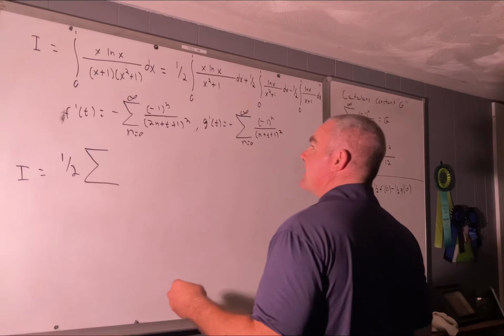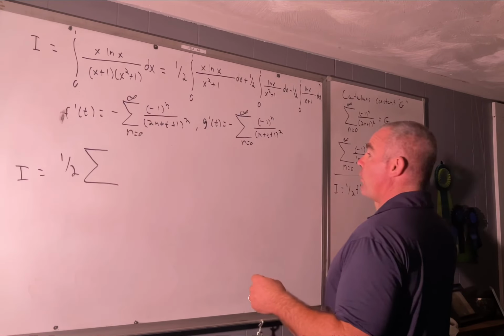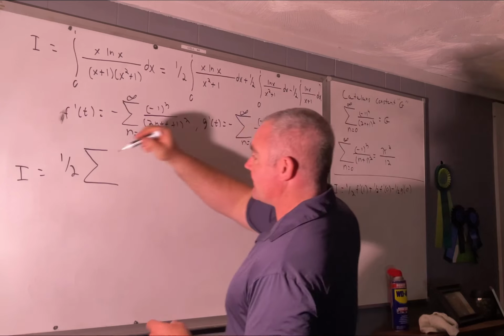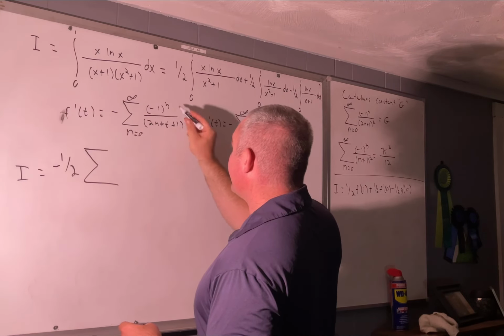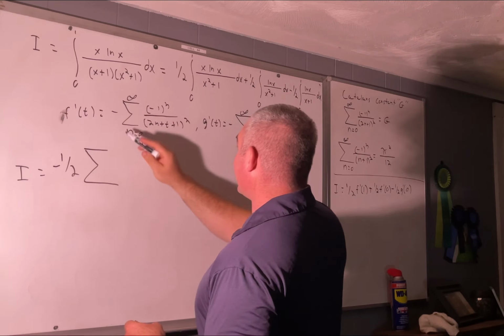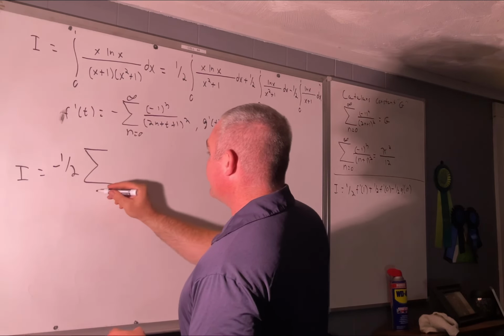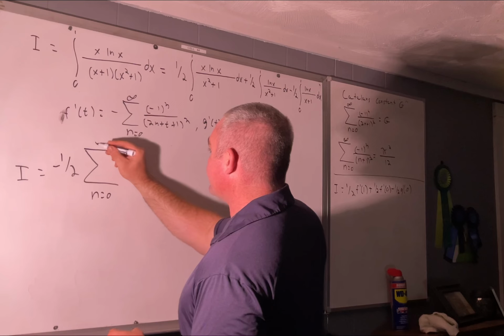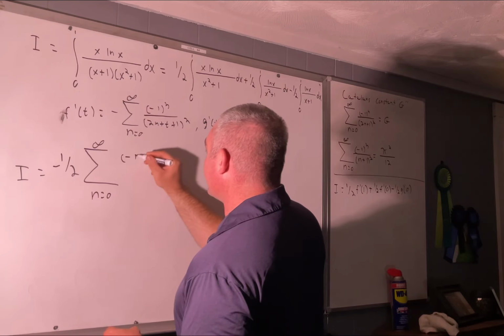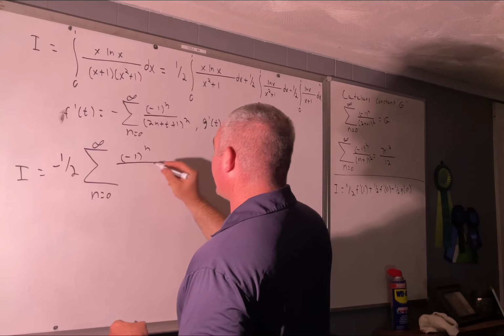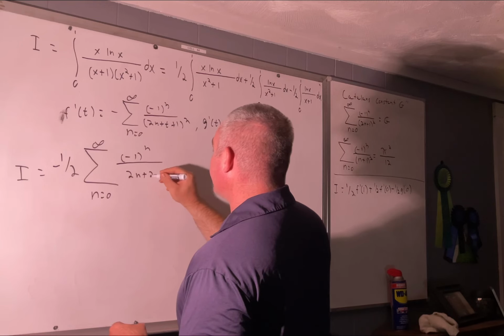We're taking f prime at 1 right now, so it's actually going to be negative this thing evaluated at the point t equals 1. So that's the sum going from 0 to infinity of (-1)^n over (2n plus 2).